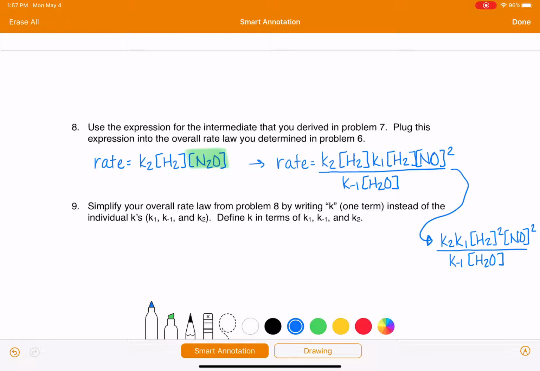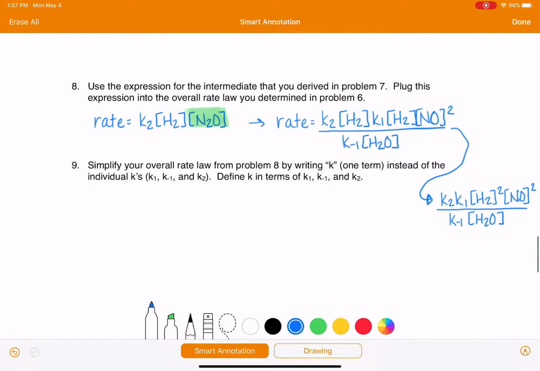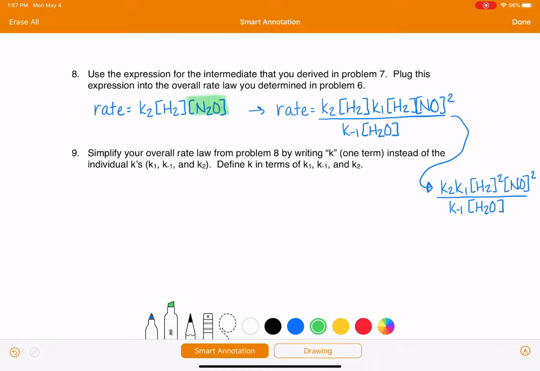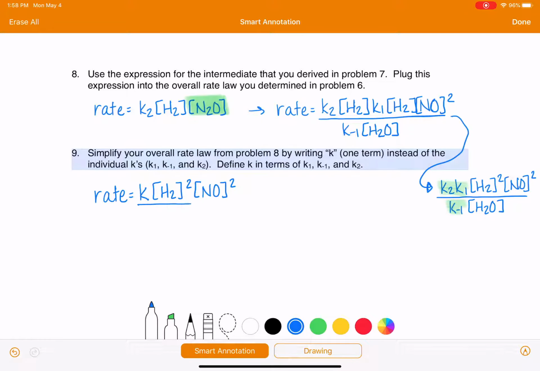Now, typically at the end of this, we want to simplify the rate law by rewriting all of these individual rate constants into just one massive rate constant. So instead of writing it in this form, we will say rate equals K H2 squared NO squared over H2O.